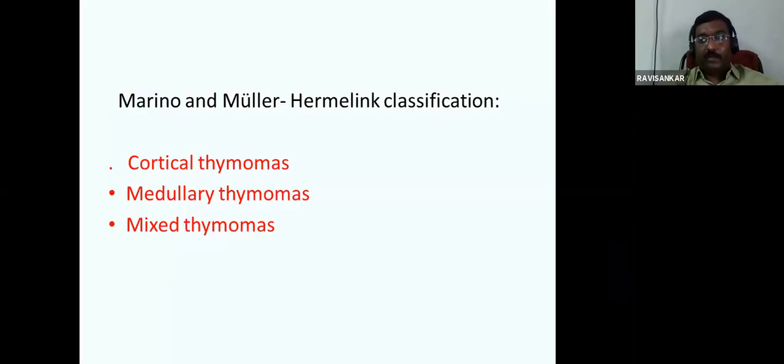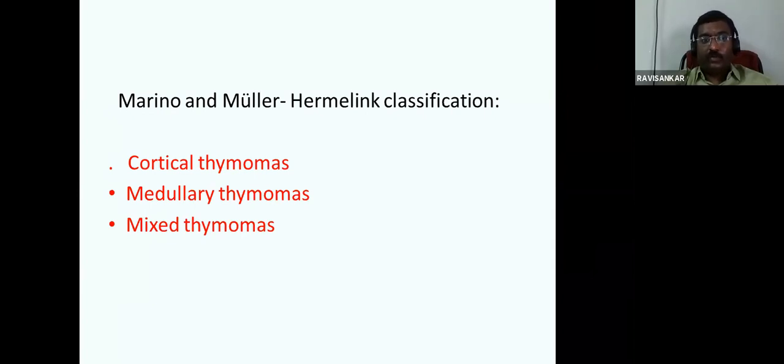So this Marino and Müller-Hermelink classification, they call it MH. He was the one who first classified based on the location of the tumors, which subsequently helped in the development of the WHO classification, which we commonly use now. WHO classification is type A, type AB, like that.